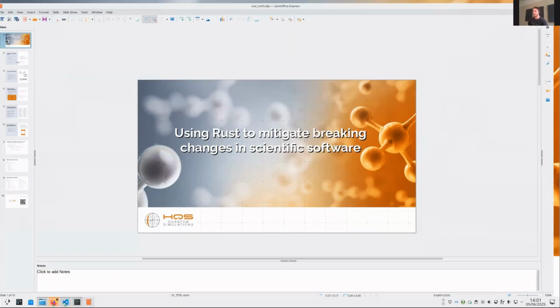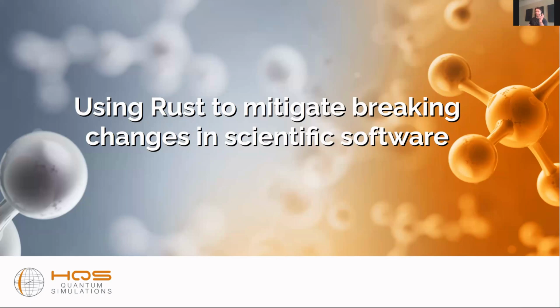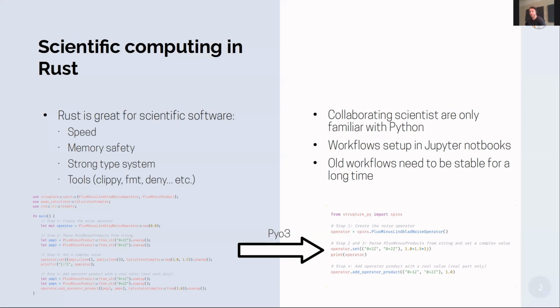Welcome to this talk about how we can use Rust to mitigate breaking changes in scientific software. First, about using Rust to create scientific software. One big part of it is that most of the scientific community is more familiar with Python than Rust.